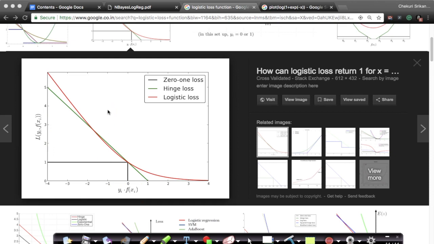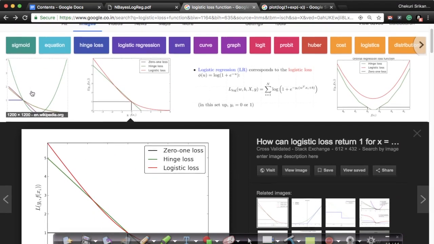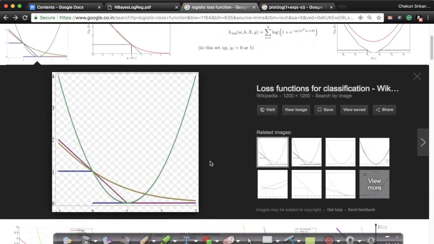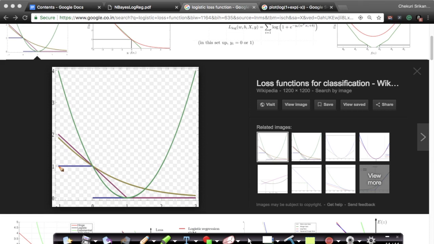If you go to Wikipedia, I think this link comes from Wikipedia. So this is the blue line here. The blue line here is your 0, 1 loss. Your magenta or violet line here is your hinge loss. Your greenish brown line here is your logistic loss.